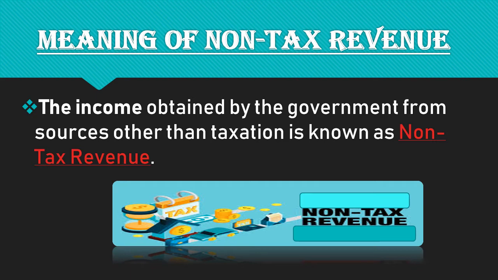To make this clearer, let's see the various sources of non-tax revenue. In short, the major source of income for the government is tax revenue, but there are other sources, which is non-tax revenue. It will be clearer when you have a look at those points.